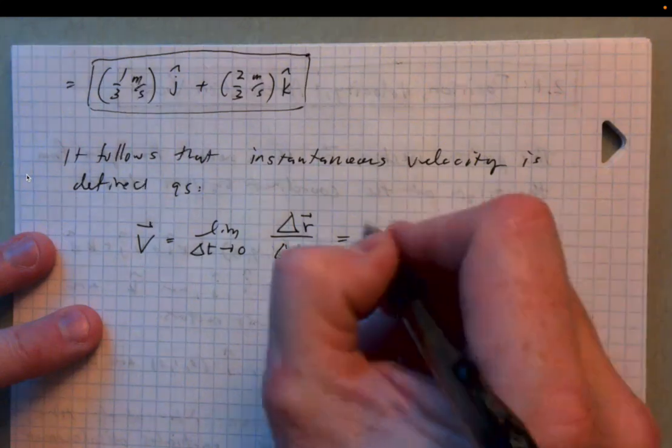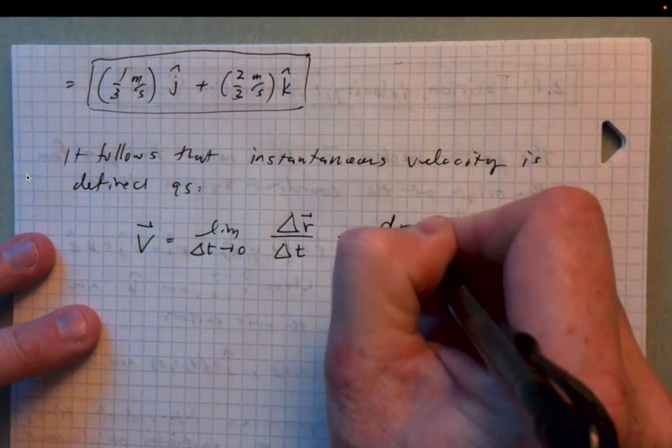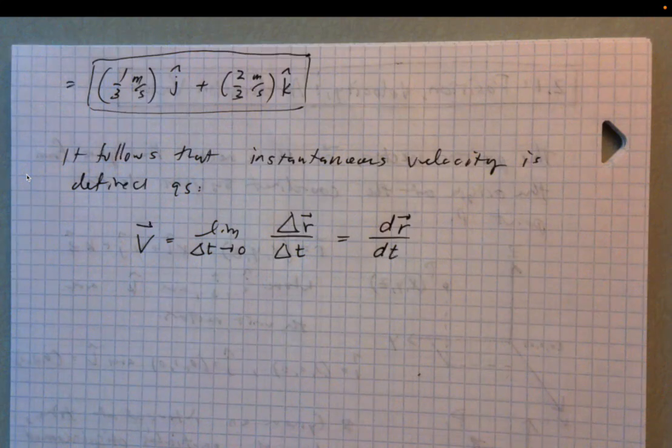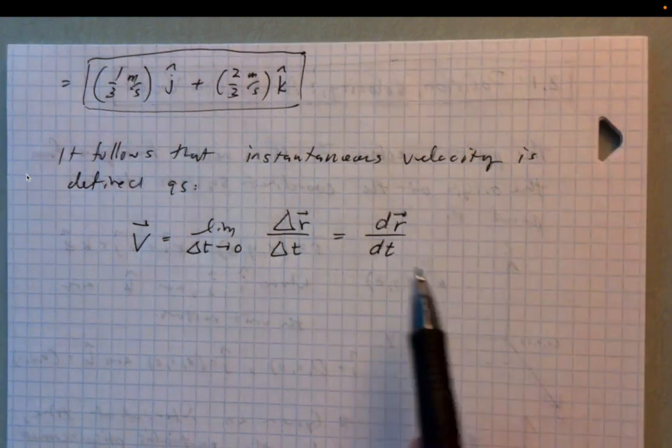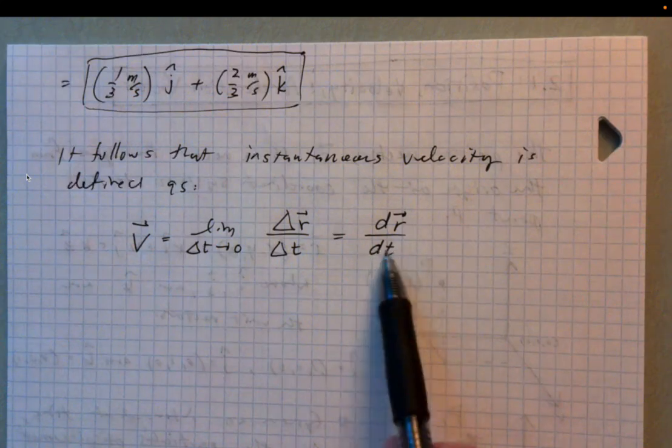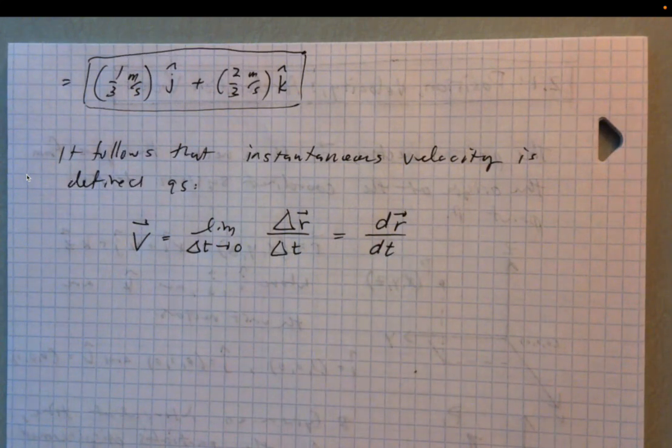In the limit, this becomes the derivative of position, just like before. The only difference between what we're doing now and what we did before is that previously we were talking about simple numbers. Now everything is a vector. My numerator here is a vector, and my denominator is just time.